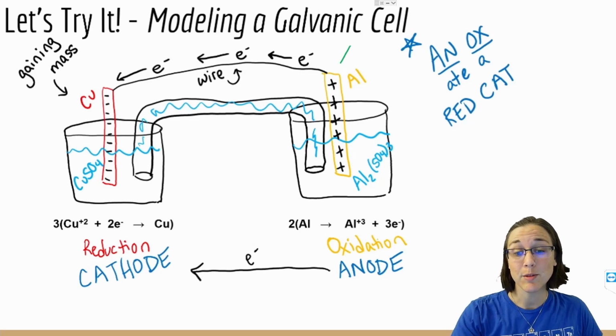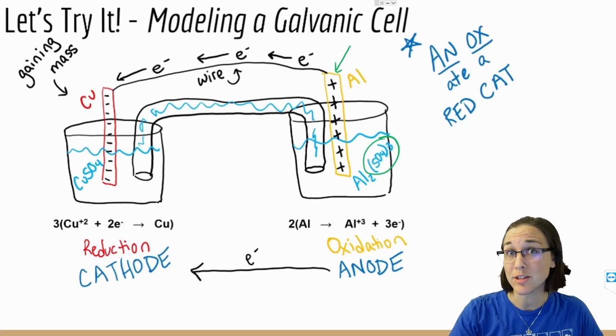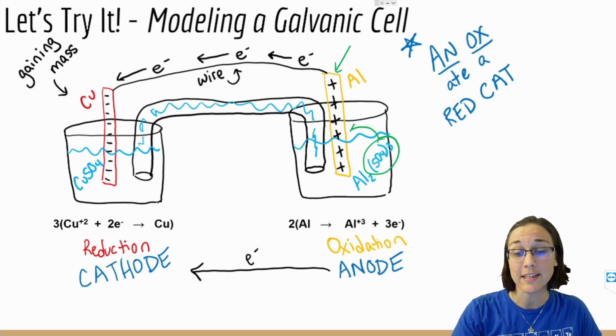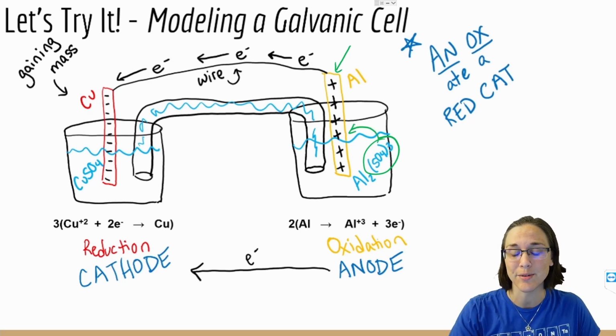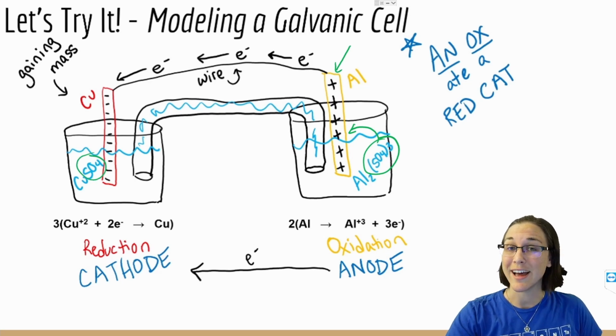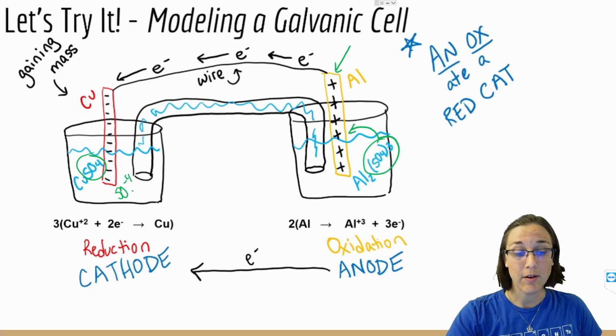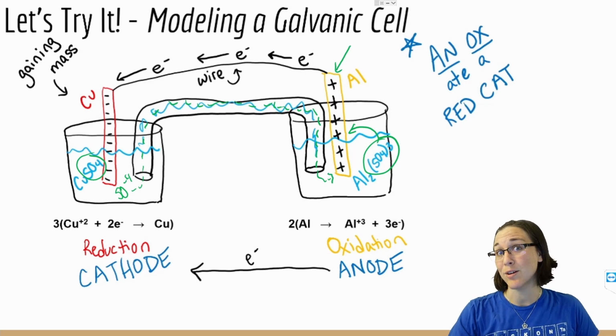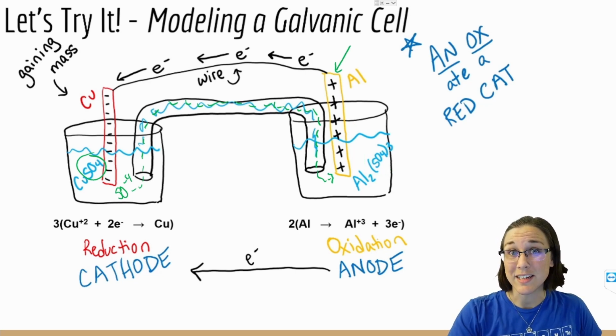And as it becomes more positive, the more and more the sulfate anions within the solution are going to be attracted to this positive anode. This also means that the sulfate anions from the other side, the cathode side, are going to be attracted to the very positive side. Therefore, they're going to flow through this salt bridge all the way over into the anode side beaker. Because of this, there are now a lot of these sulfate anions floating around in solution.